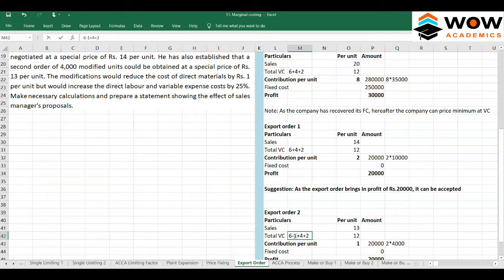And he also says that direct labor and variable cost will go up by 25%. Okay, so we can put it as 125 percent, right?